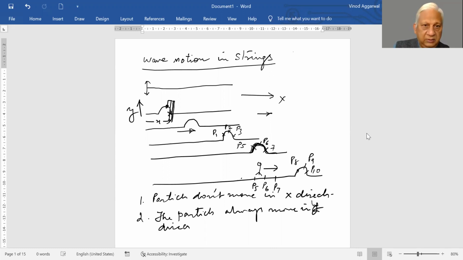Now, as we have seen, the particles actually move up and down in this direction, while the wave seems to be progressing this way. Because the particle moves perpendicular to the direction of motion of the wave, it is called a transverse wave.